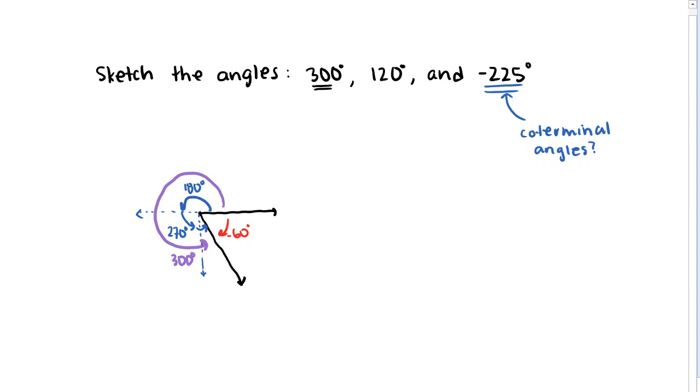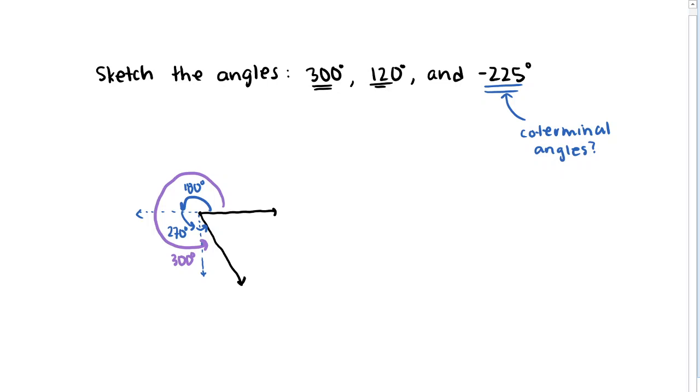This is kind of like negative 60 degrees. So, it's not exactly the same angle, but it might be helpful to think backwards a little bit, in terms of the full rotation being 360 degrees, and that this angle should be 60 degrees, just less.